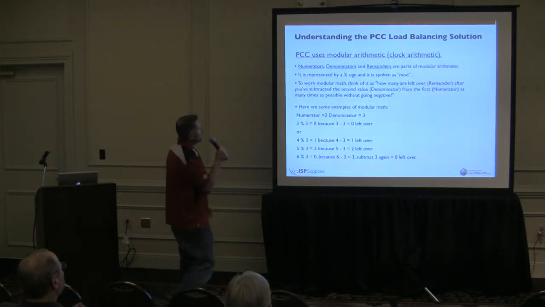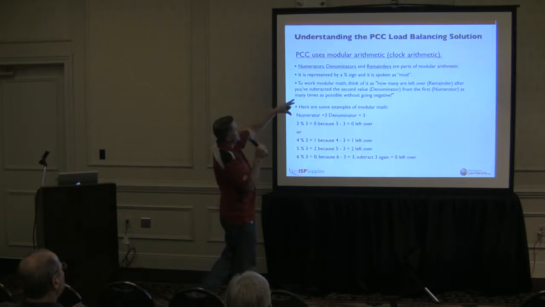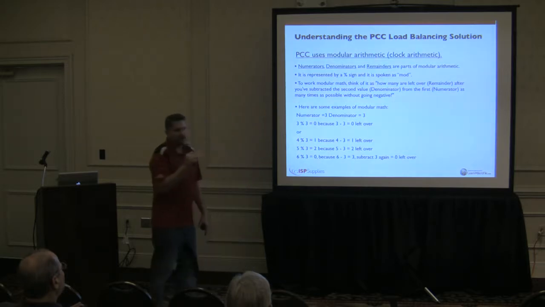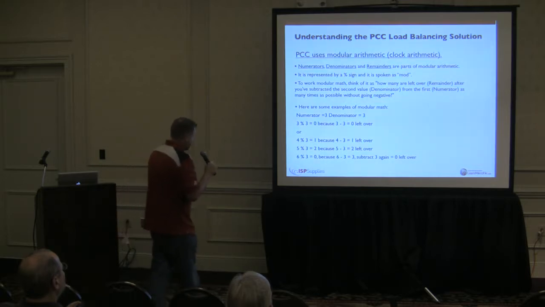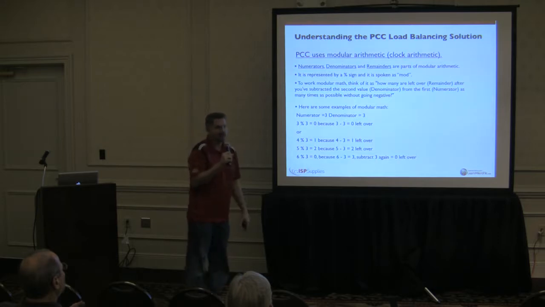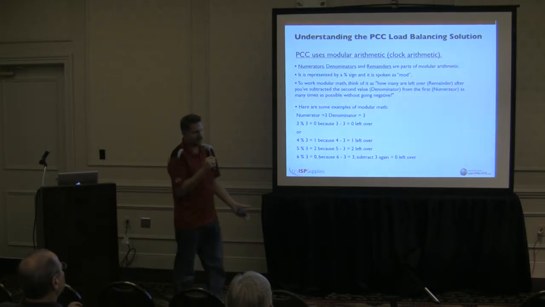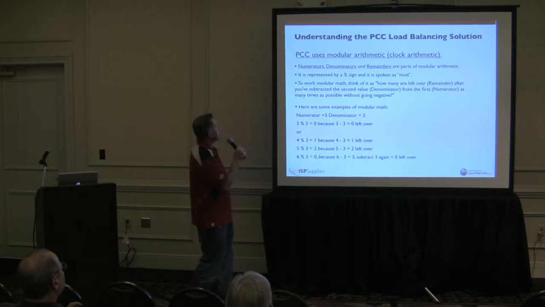A couple of more terms that we used earlier. Numerators, denominators, remainders. What are those? Well, I looked it up because I wanted to know too. They're parts of something called modular arithmetic. Some people call it clock arithmetic, taken from the concept of a 12-hour clock.